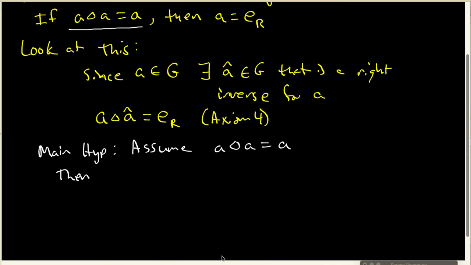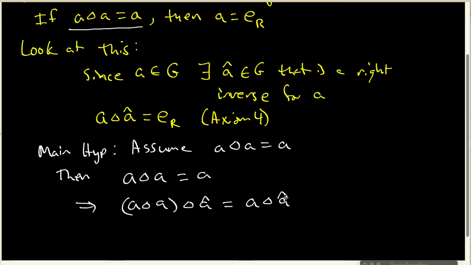I can post-multiply this equation by A hat. In other words, I can say that A triangled with A equals A implies A triangled with A triangled with A hat is going to have to be A triangled with A hat.